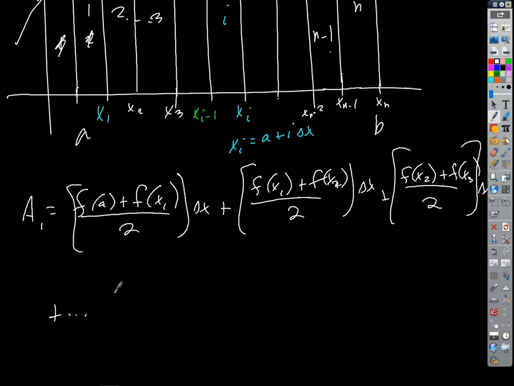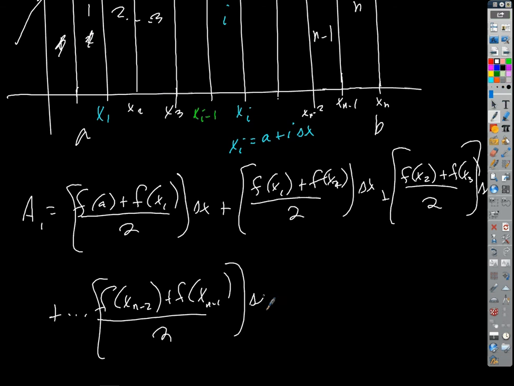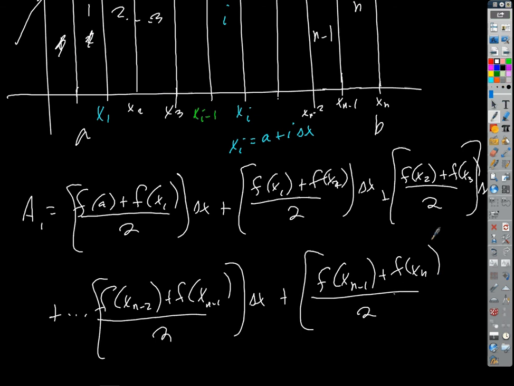So that's going to give us f of x sub n minus 2 plus f of x sub n minus 1 over 2. So there's my average times delta x, plus the very last one is the average of f of x sub n minus 1 and f of x sub n over 2 times delta x.